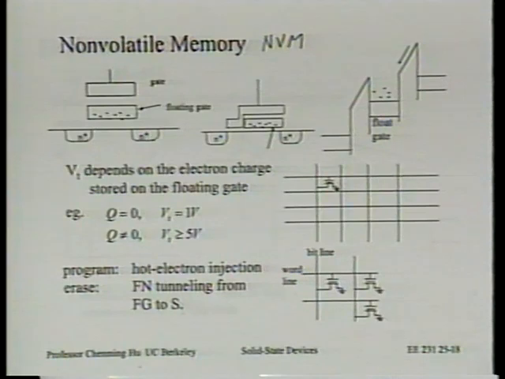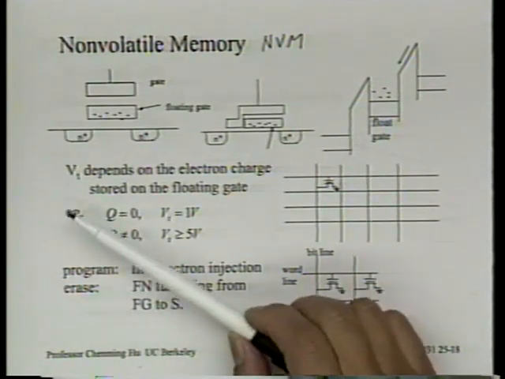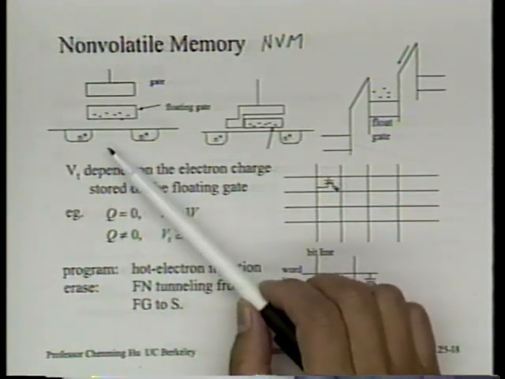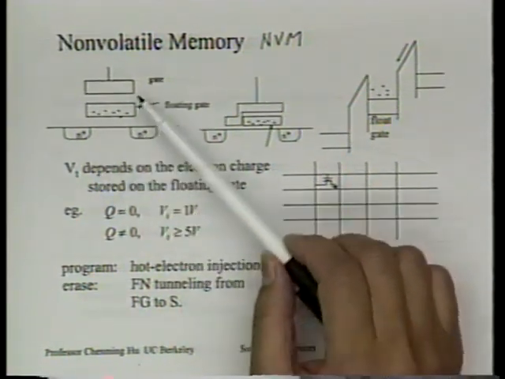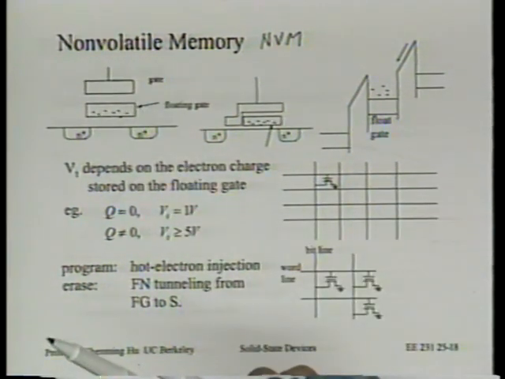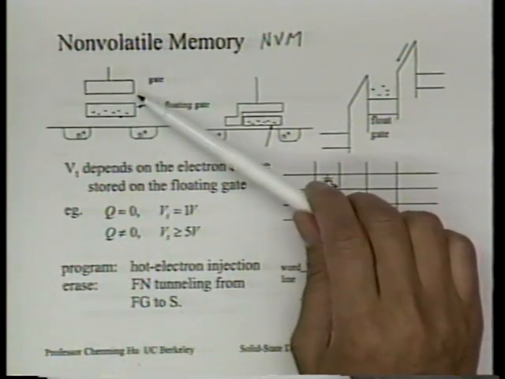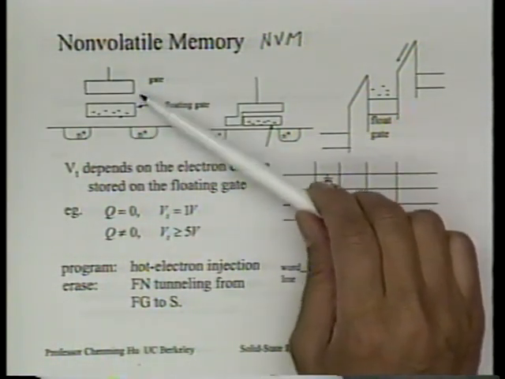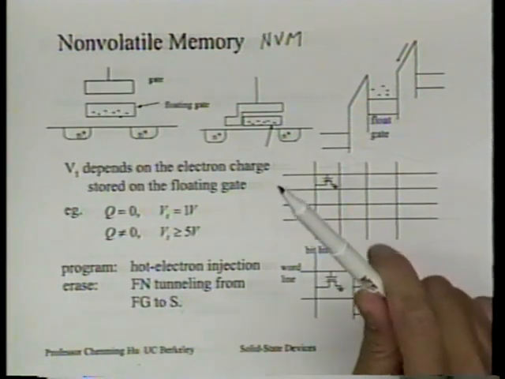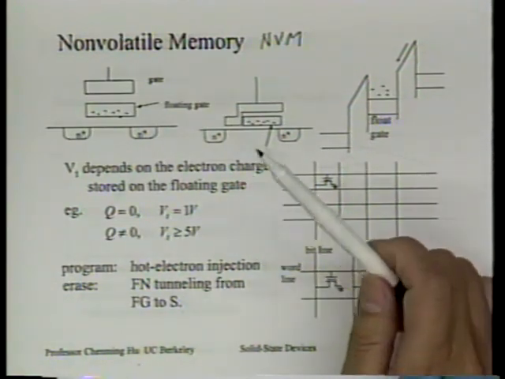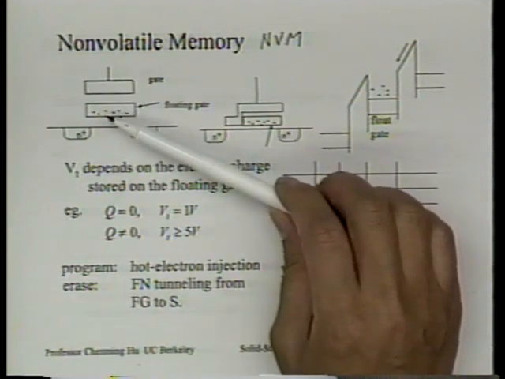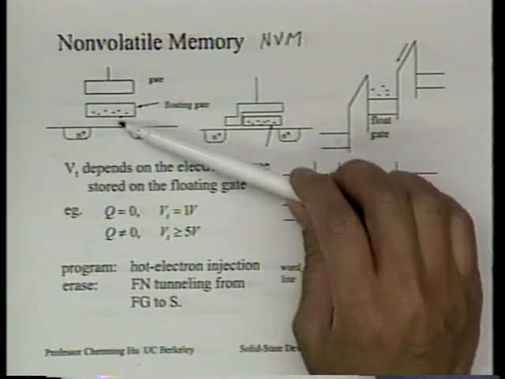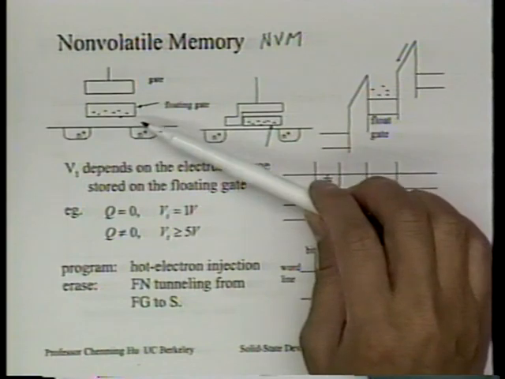And the memory consists of a transistor, that is, you have a source, you have a drain, you have a substrate, you have a gate, and then between the gate and channel, supposedly there's only insulator, nothing else. Is that right? Now in this case, actually, something's jammed in between, into the insulator, and that's called a floating gate.